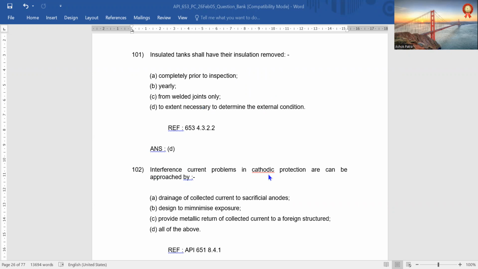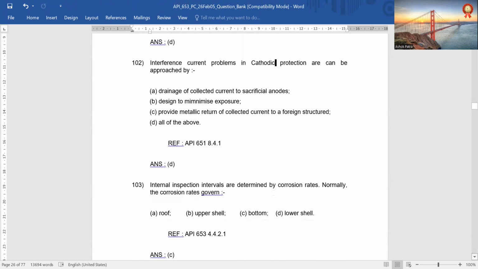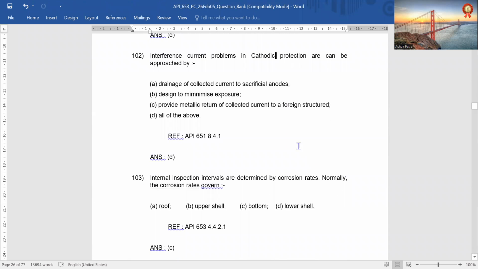Interference current problems in cathodic protection can be approached by all of the above: advantage of collection current to sacrificial anodes, and designed to minimize exposure, provide metallic return of collected current to a foreign structure.